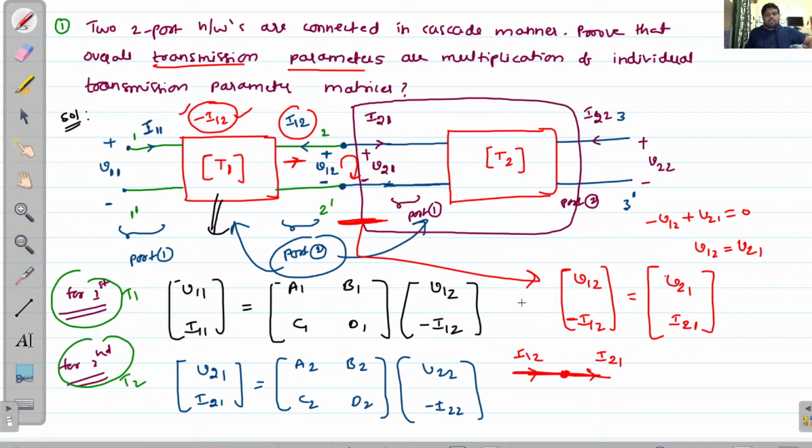Now the V11 I11 matrix has V12 minus I12, which is multiplied with A1 B1 C1 D1. At this place you can replace with this particular thing.